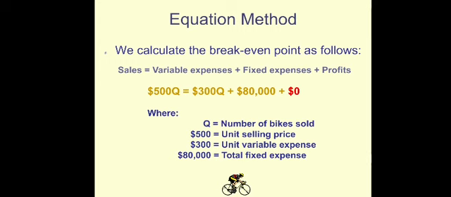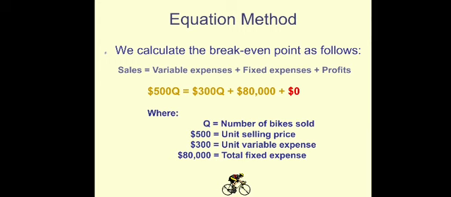to calculate the break-even point, remember, the equation is total revenue equals total variable cost plus total fixed cost. See the gray numbers here. Total revenue is $500 times quantity, where Q is the quantity at the break-even point that we want to find.